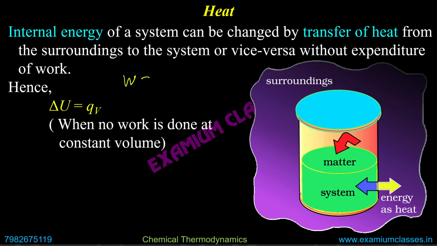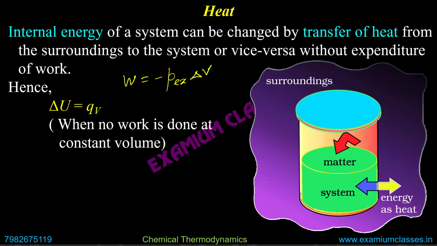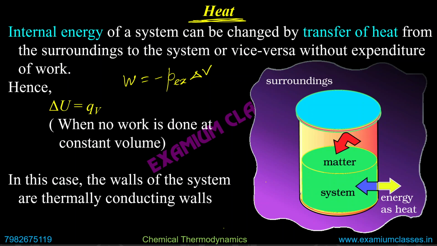In chemistry, work is represented by the pressure multiplied by the change in volume, P delta V. So here if I keep the volume constant, delta V is 0, and I can ensure that work done will be 0. In this case I am considering change due to heat only, so I have to keep the work 0. So in this case the walls of the system are thermally conducting walls.